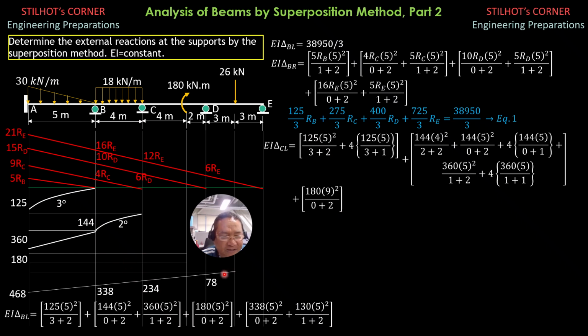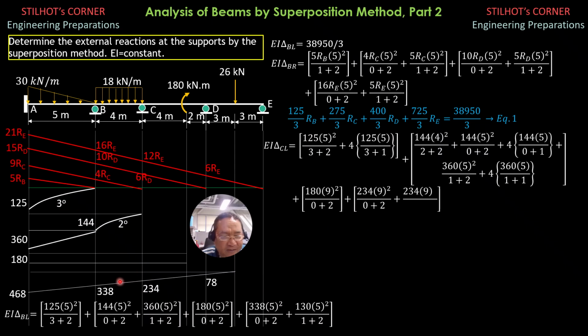And for this concentrated load, we consider this part. So we have a couple 2, 3, 4 up to C. And due to concentrated load, the moment at A is 468 minus 234, so it's also 234. So for the couple first, 234, length is 9, so 9 square over 0 degree plus 2.